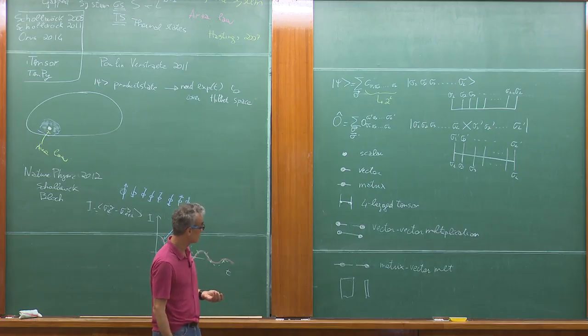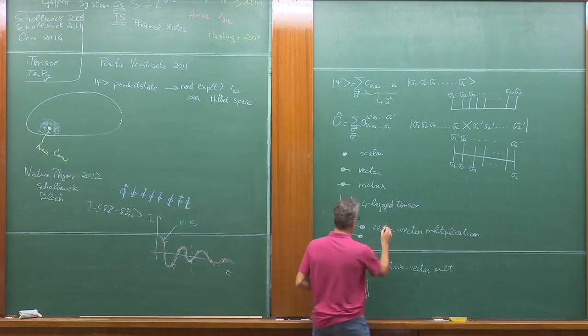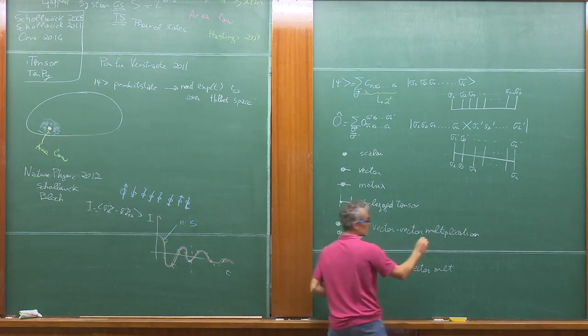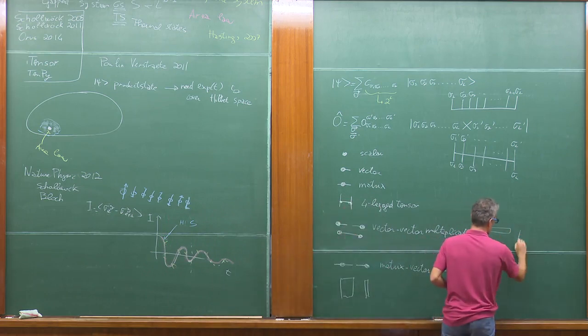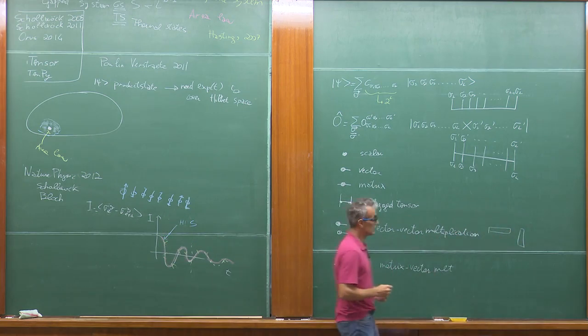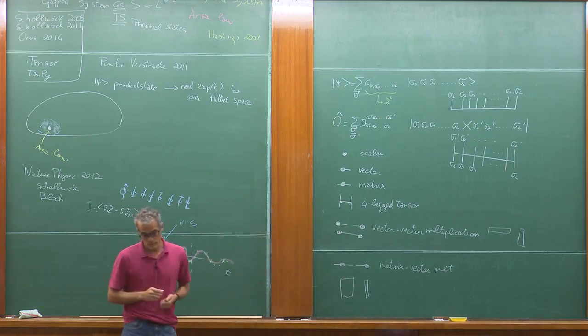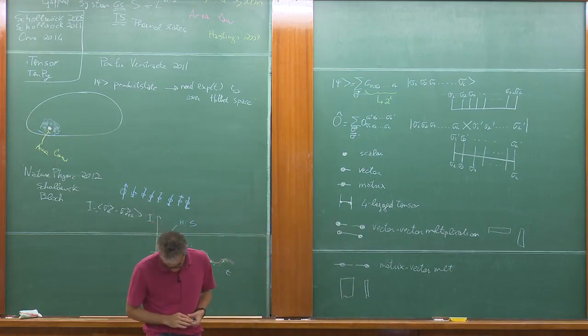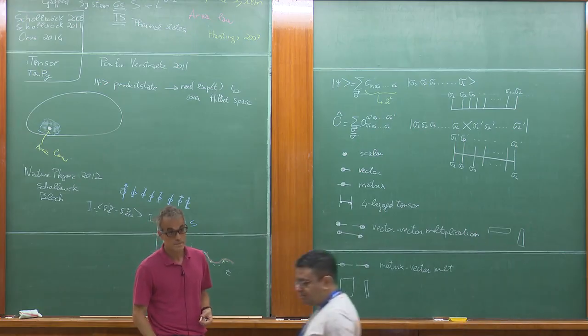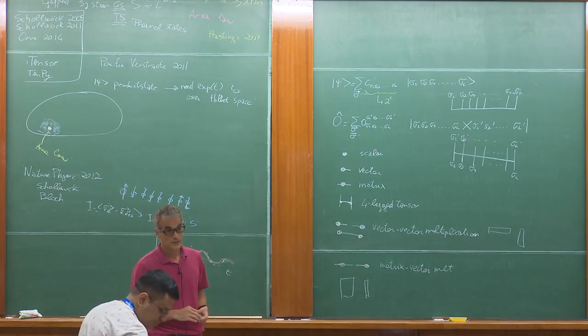Sorry? The vector would be a scalar product that goes like this. The outer product, like the cross product that you do.